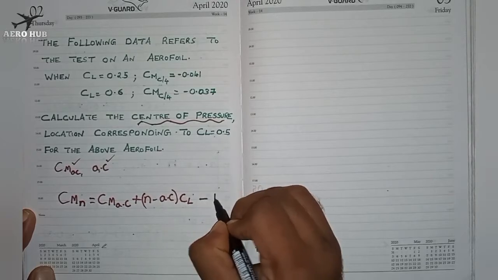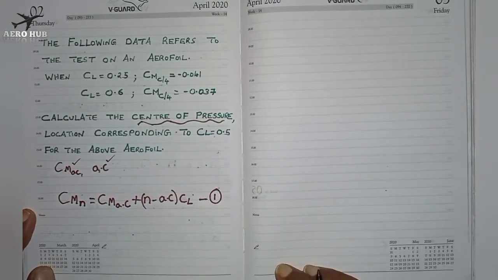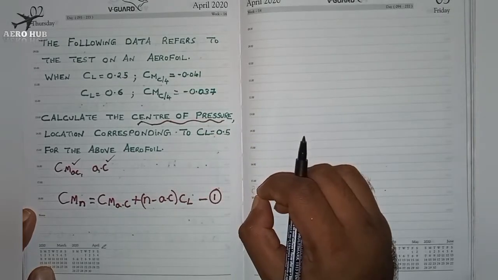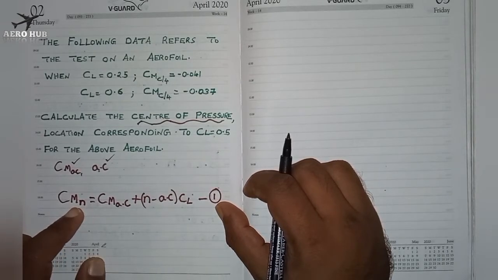This is our equation number 1, and it is one of the important formulas. By using this formula I can solve any problem related to aerodynamic test data. This is nothing but the coefficient of moment about any point.